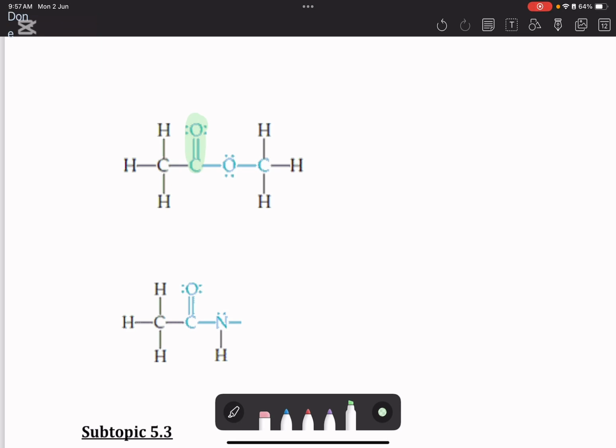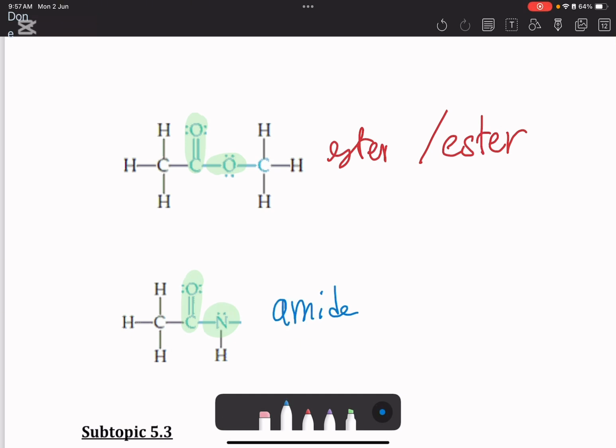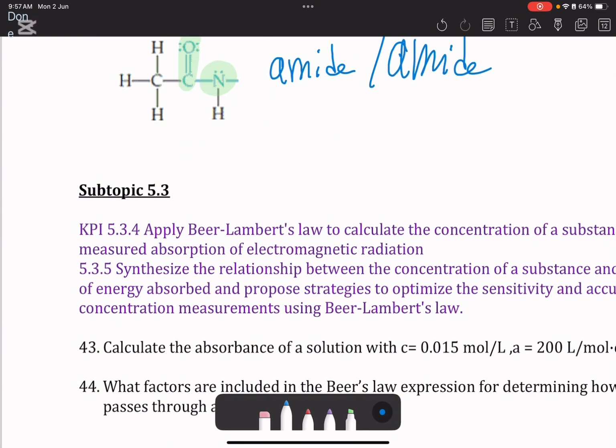Again, ester belonging to the family of ester. And I have here a C double bond O, and this double bond O is connected to a nitrogen. That means I have an amide, and the functional group as well is called amide, like in the proteins and the peptides, these things.